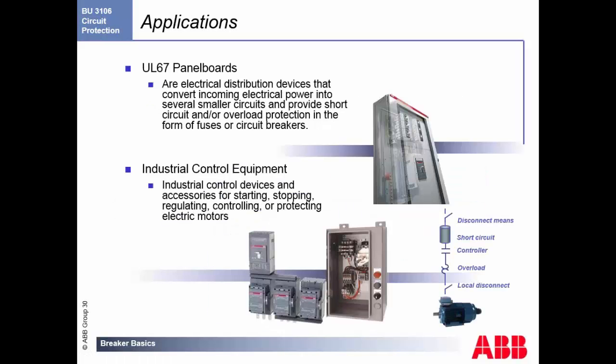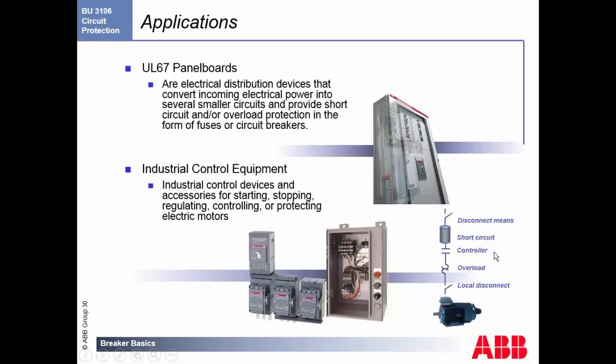Some more applications that can be covered with all these breakers are the UL67 panel boards. And these are devices that convert incoming electric power to smaller circuits. Again, this is overload protection or short circuit protection. They're the high-end fuses. So if you look down here below, this is the NEC requirement for a motor load. So you need to have each one of these devices into the branch leading up to a motor load in order to comply with NEC code. Luckily for us, our breakers do have all these built into them right up to here.